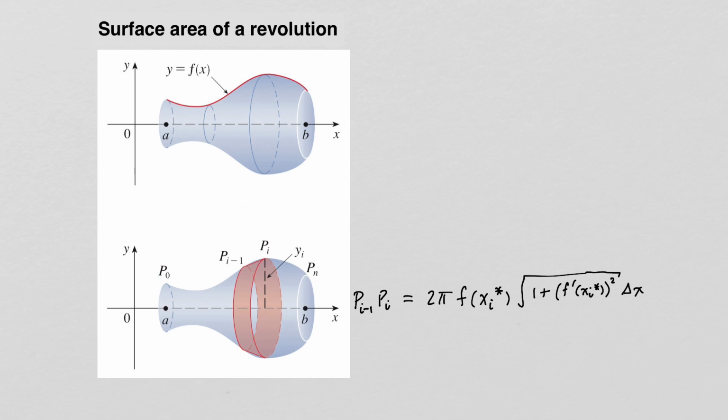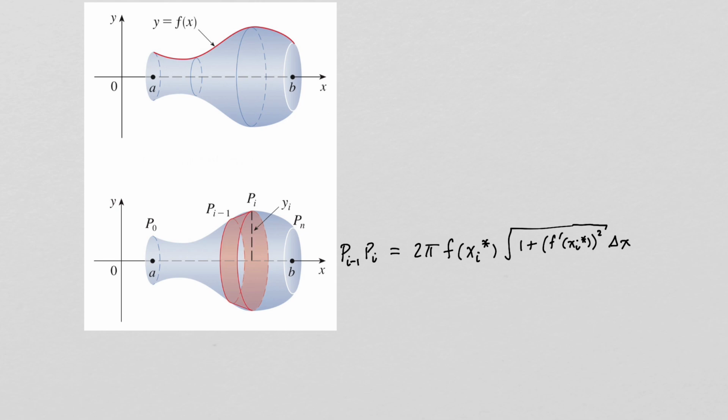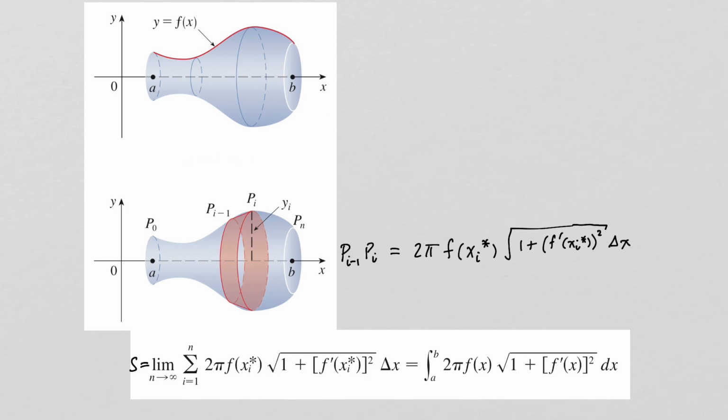And so I'm not going to get into the precise derivation of this formula, but what we need to do is add up all of these approximations and then take the limit as n goes to infinity. And when we do that, we get the following formula.